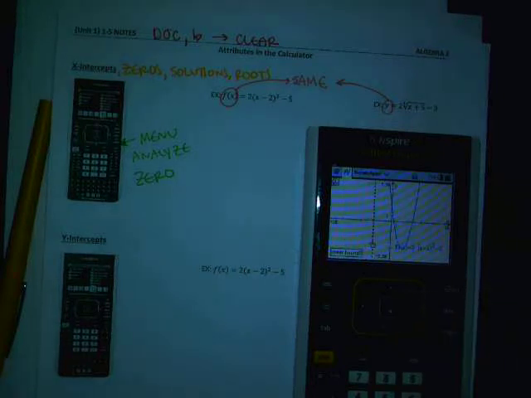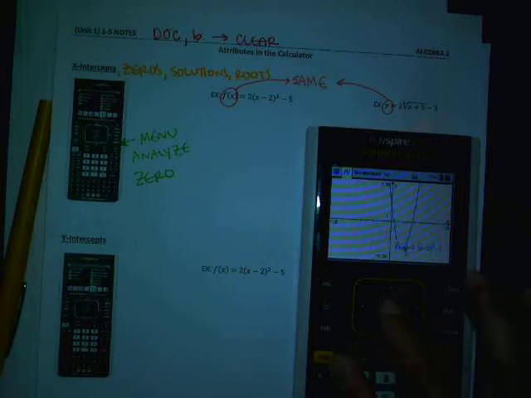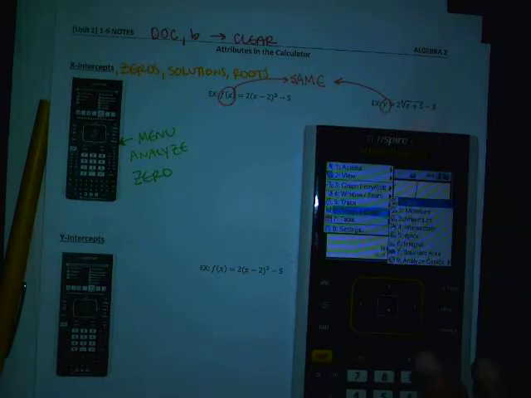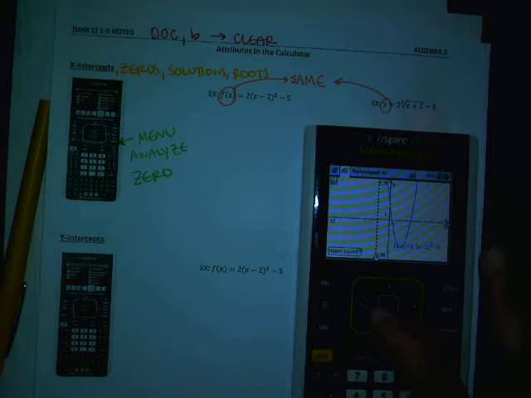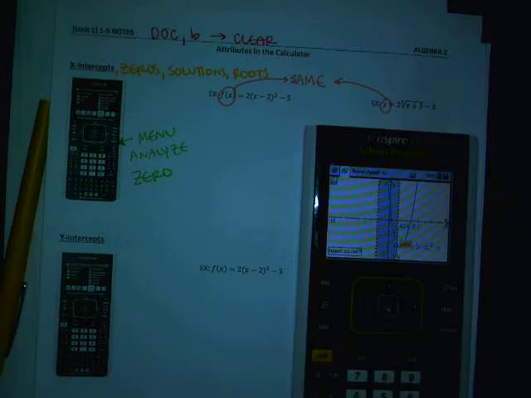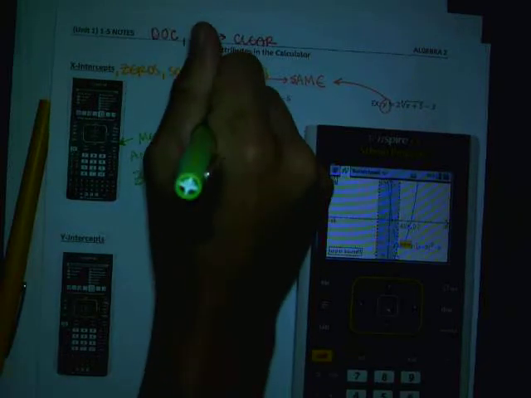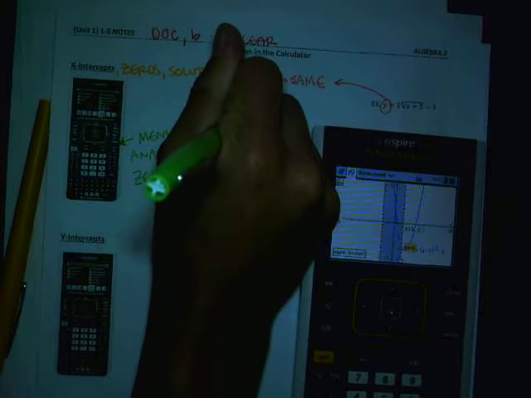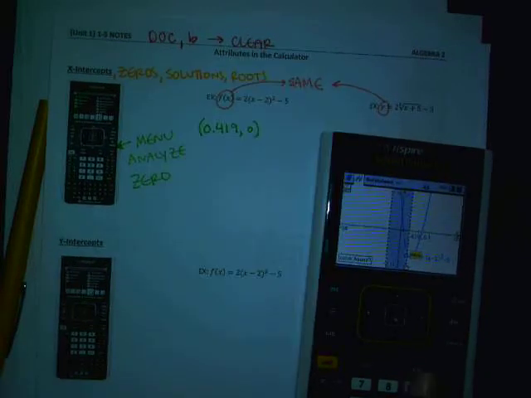You are going to actually press down on the middle here. Press down. Ooh, it didn't work. Analyze 0. Press down on the middle and highlight your x-intercept. Make sure the little black point that pops up is on the x-intercept, and that is one of your answers, 0.419, comma 0.